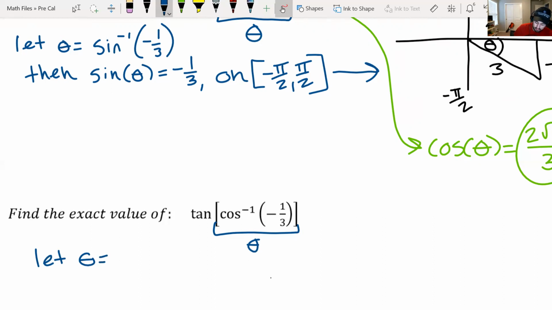Let theta equal the inverse cosine of -1/3.